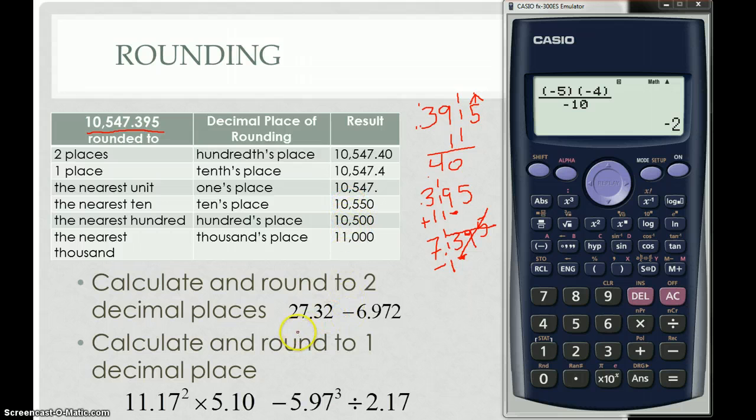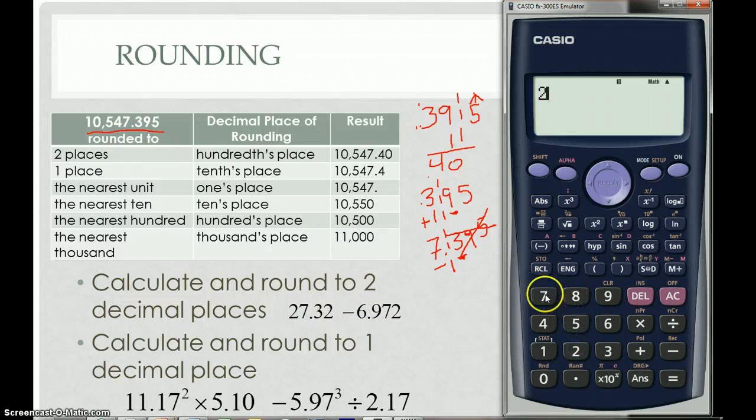Now let's do an example like you see in your practice. 27.32 minus 6.972 equals. Again, your calculator always gives you a fraction. You just hit the SD button. It'll change it back to a decimal. So this is 20.348.